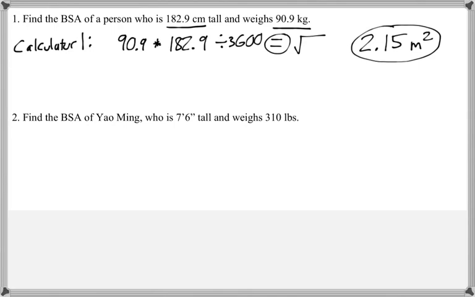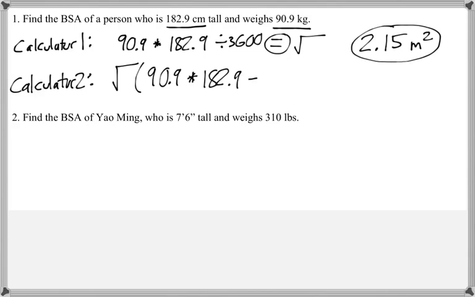The other half of your calculators will be like this. You're actually going to type the square root button first, then an open parentheses, then 90.9 times 182.9 divided by 3600, then close parentheses, then press enter, and you'll get the same thing.